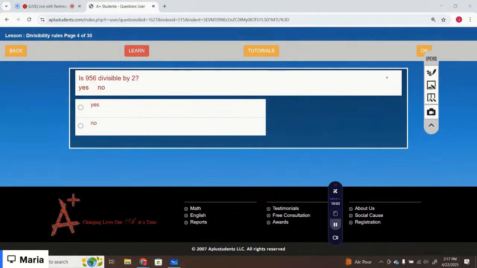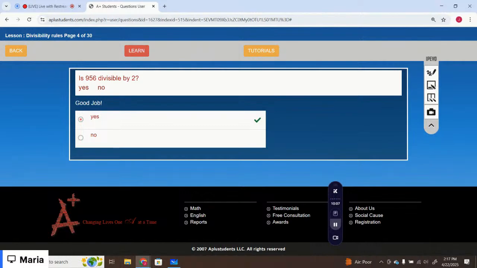Yes, it is divisible by 2, right? Because the ones digit is 6, so it is divisible by 2.